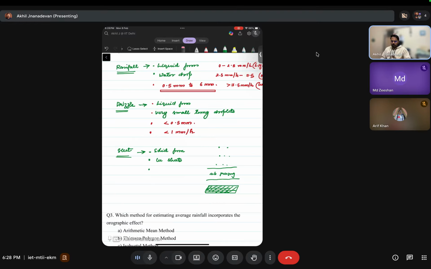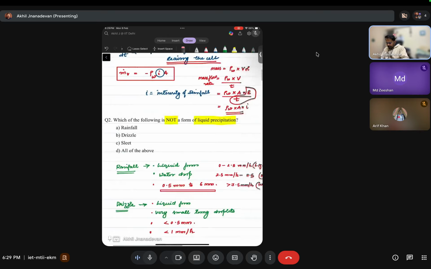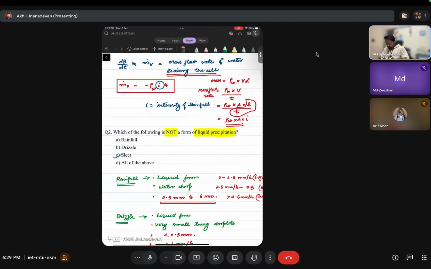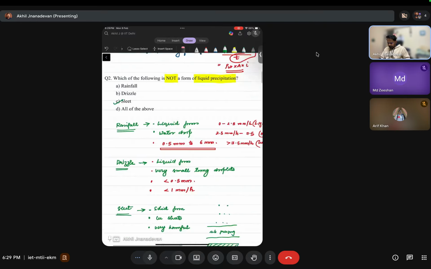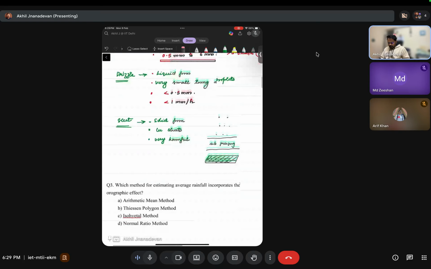Okay, so these are the points you need to note about sleet. It is very harmful because the entire ground surface will be coated by ice. So the answer is sleet, which is not a liquid form but a solid form of precipitation.